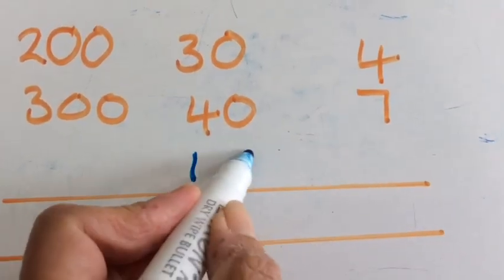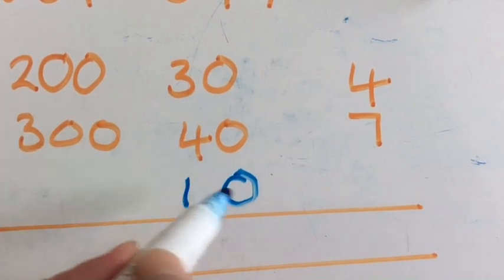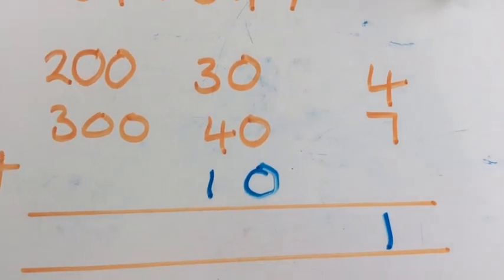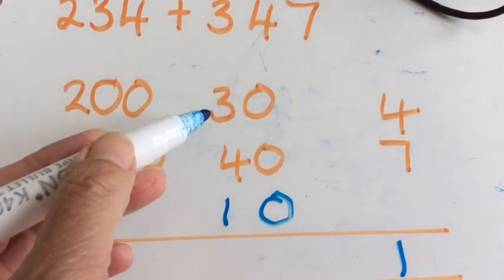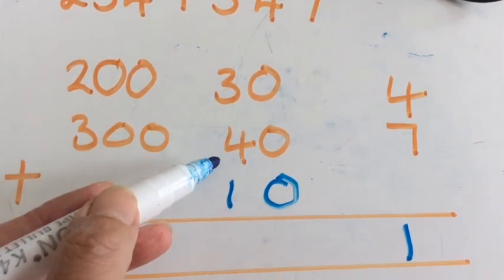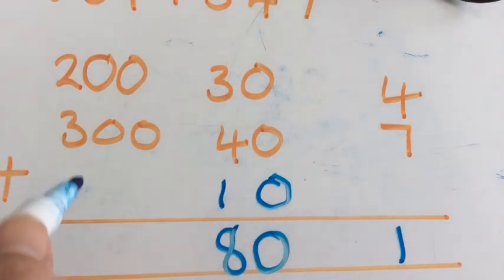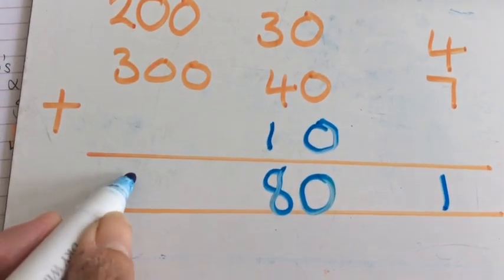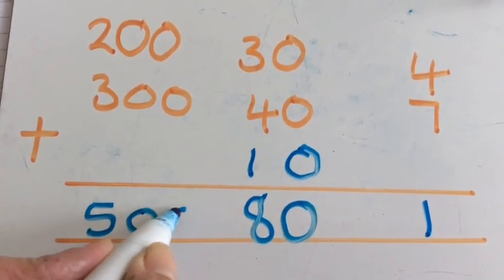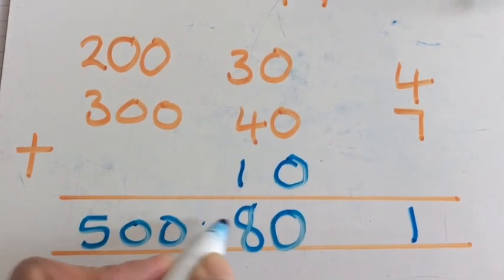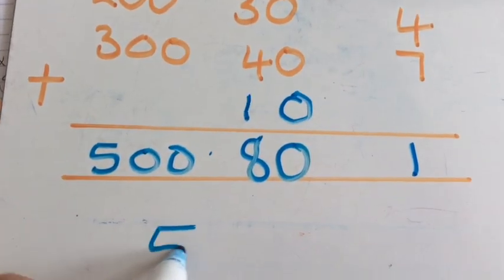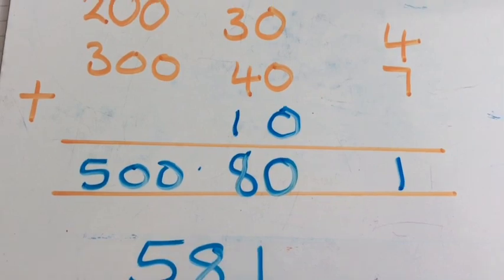So I would put my 10 here in the tens column, 1 there. 30 and 40 is 70 and 10 is 80. 200 and 300, 500. So if we then add all that together, you get 581. Ta-da!